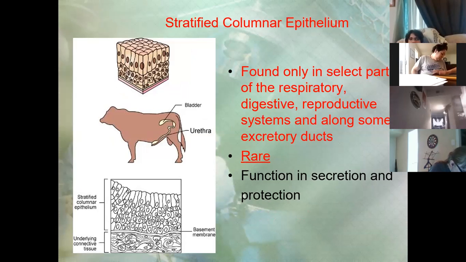Very rare. This is being found in our cows in certain areas of their digestive system. Cows being polygastric. What do I mean by polygastric? Multiple stomachs. And so that's where we're going to see this stratified columnar, more than one layer of column-shaped cells.